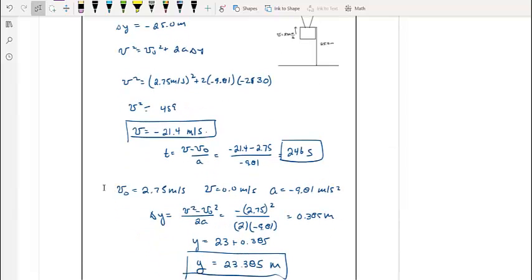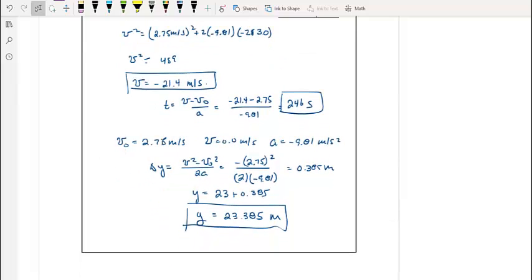And then the final question is how high above the ground does it go? A lot of people said 25, but remember it goes up a little bit because it has some initial velocity because of the velocity of the balloon. So our initial velocity is 2.75 meters per second. Our final velocity is 0 because we're at the peak. Acceleration is negative 9.81 meters per second squared. If you take equation 4 again and solve for delta y, you'll get v squared minus v0 squared over 2a, with v being 0.